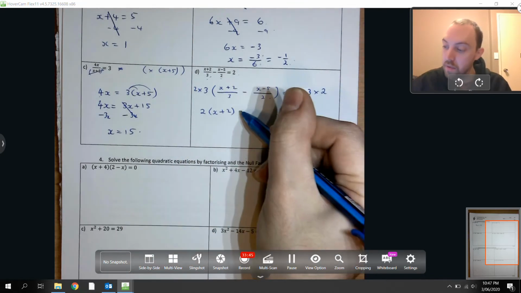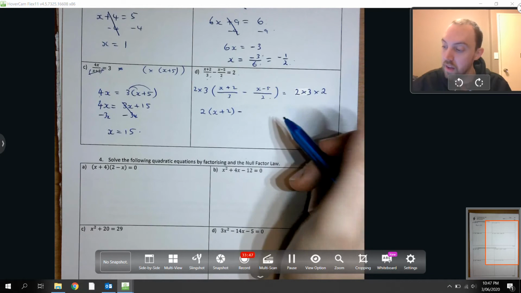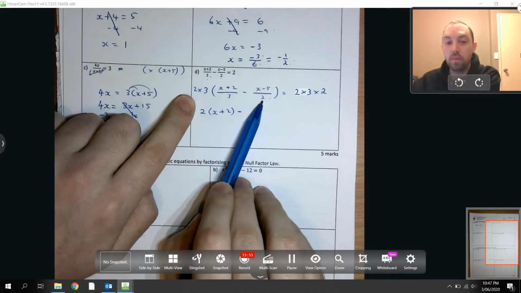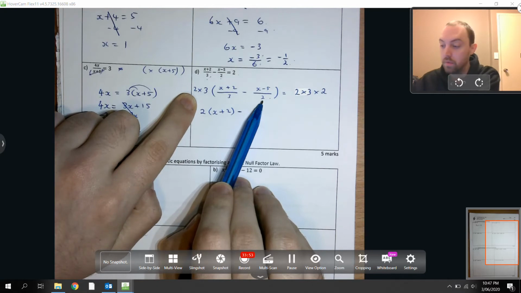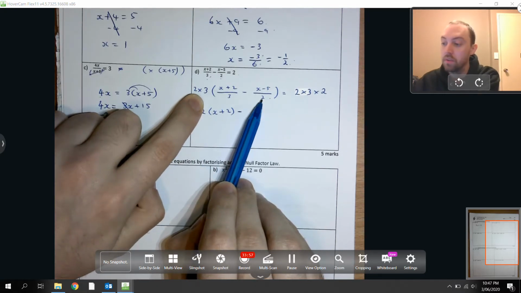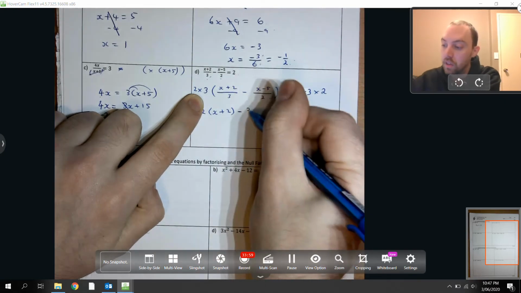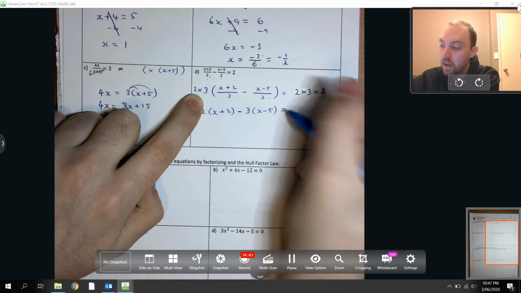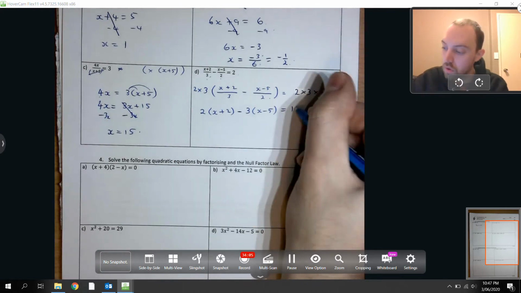Similar thing happens with this side. I'm taking 2 times 2 divided by 2 is going to cancel, leaving me with just 3. So I'm taking 3 lots of x, take 5. And that is equal to 12.